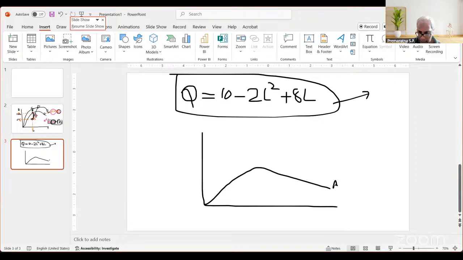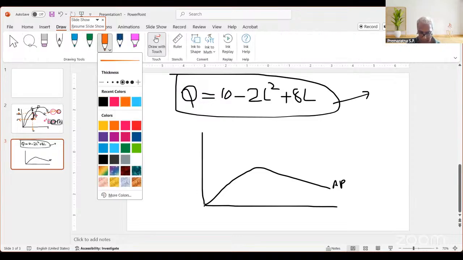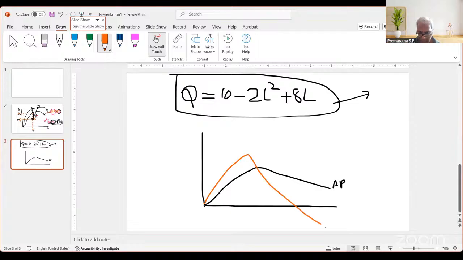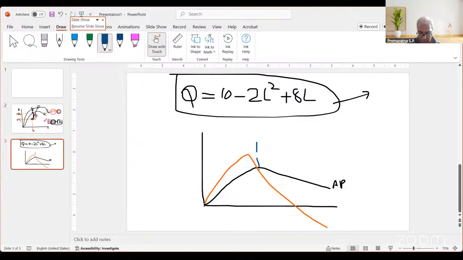These three boundaries, like here, the boundary here, where the marginal product equals average product.